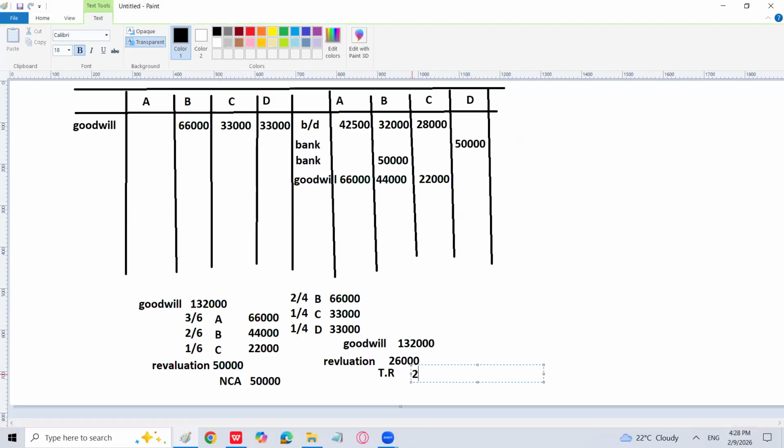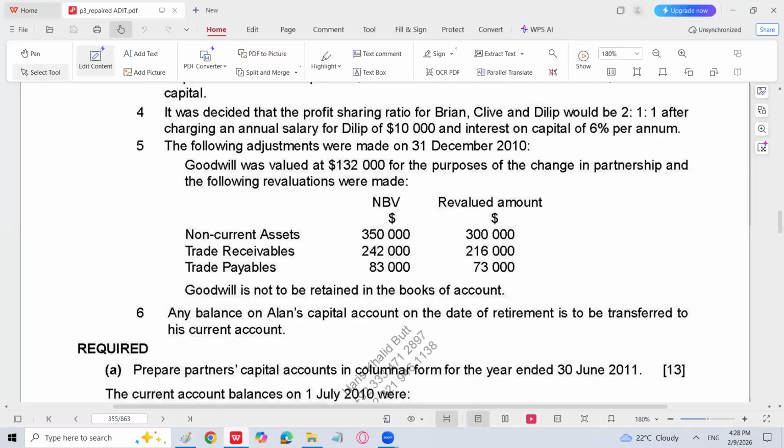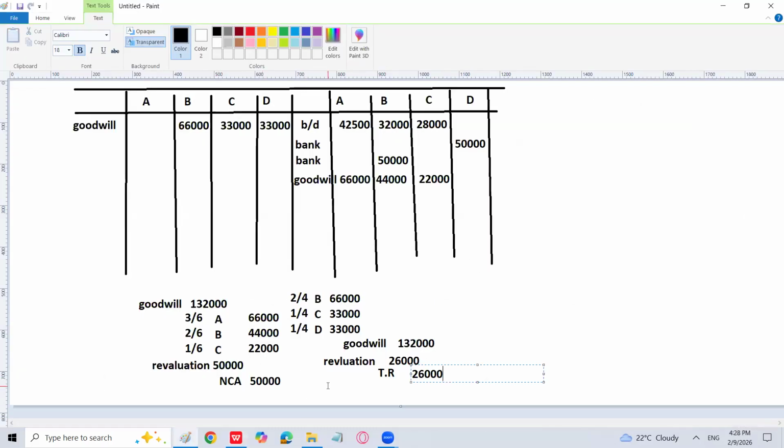Then again, trade payable has also gone down. So the entry is going to be trade payable debit with 10,000 and revaluation account is going to be credit with 10,000. Why, sir? Because when trade payable is going to decrease, we will get benefit out of it because liability decreases over here. So revaluation is going to increase. It is supposed to be credited.